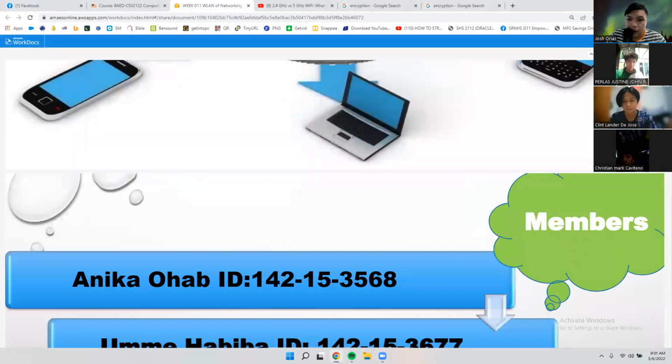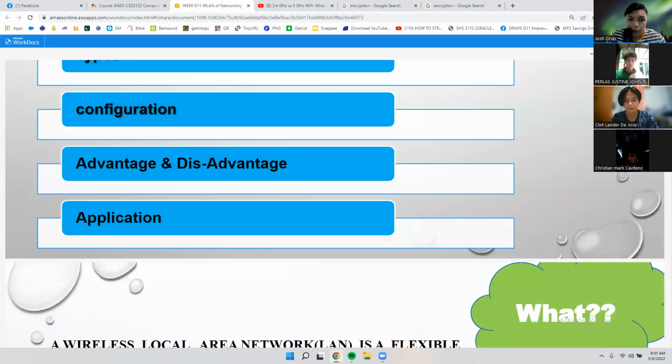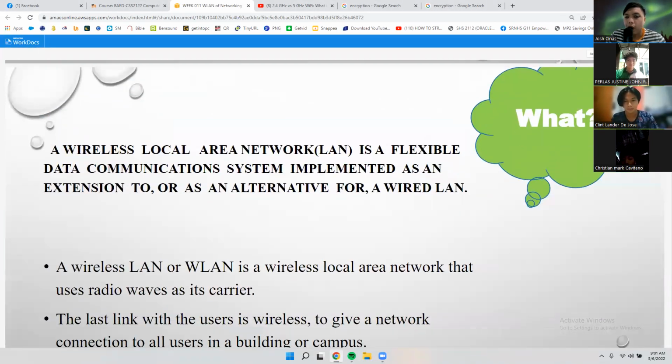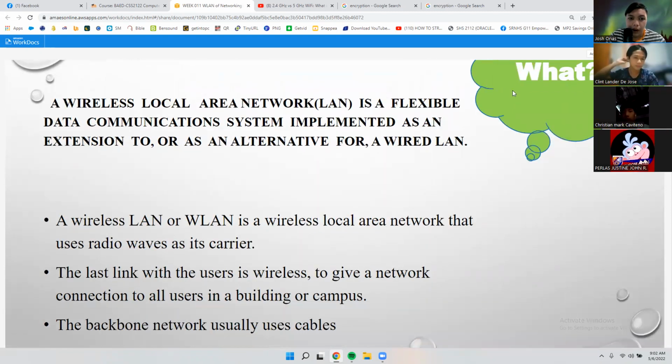So, pag-uusapan natin ngayon ito. Later on, we'll be discussing the difference between yung kahapon, di ba, yung 2.4 GHz frequency versus 5 gigahertz na speed natin. So, it has advantages and disadvantages. So, let's talk about the WLAN or the wireless local area network.